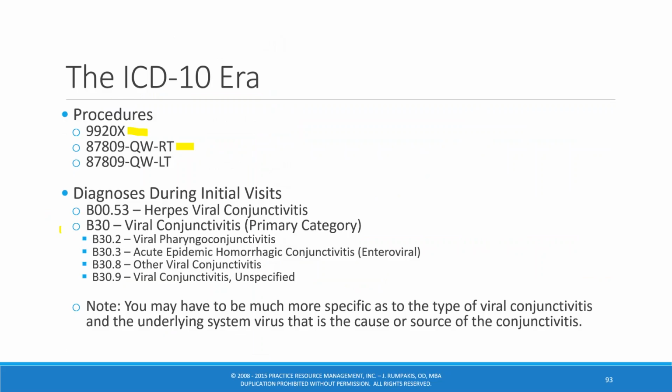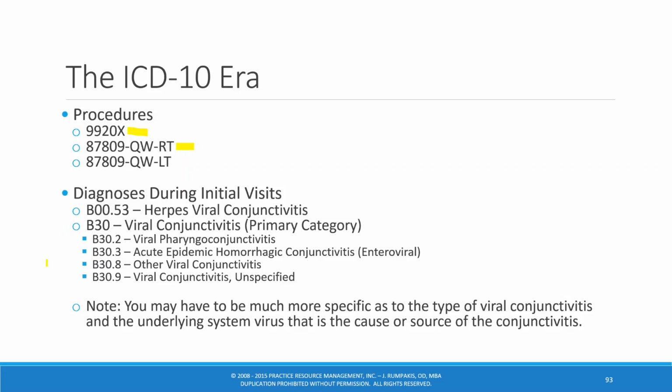So remember, the viral conjunctivitises are not in the H chapter. They are not in chapter 7. They are in chapter B because they are an exclusion. They are another type of disease that has an ocular effect. So you're going to have to be the doctor and determine what kind of viral conjunctivitis they have.